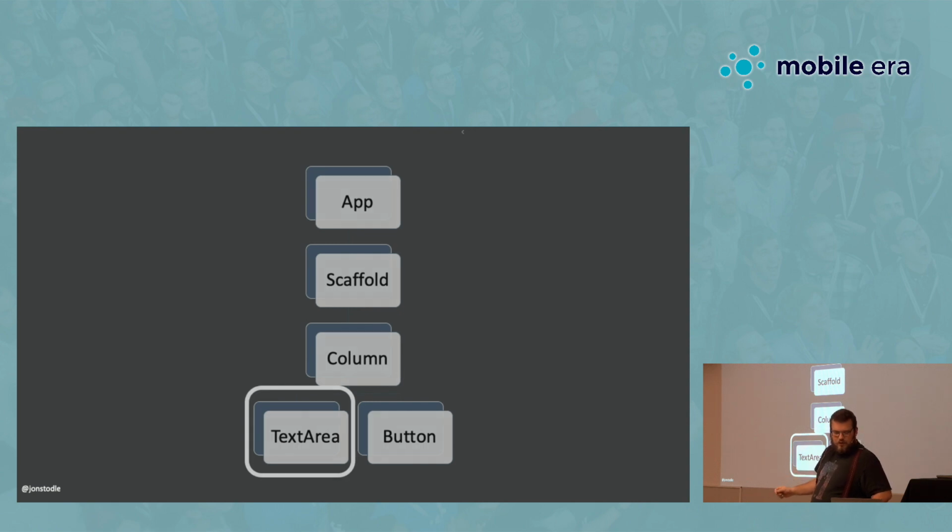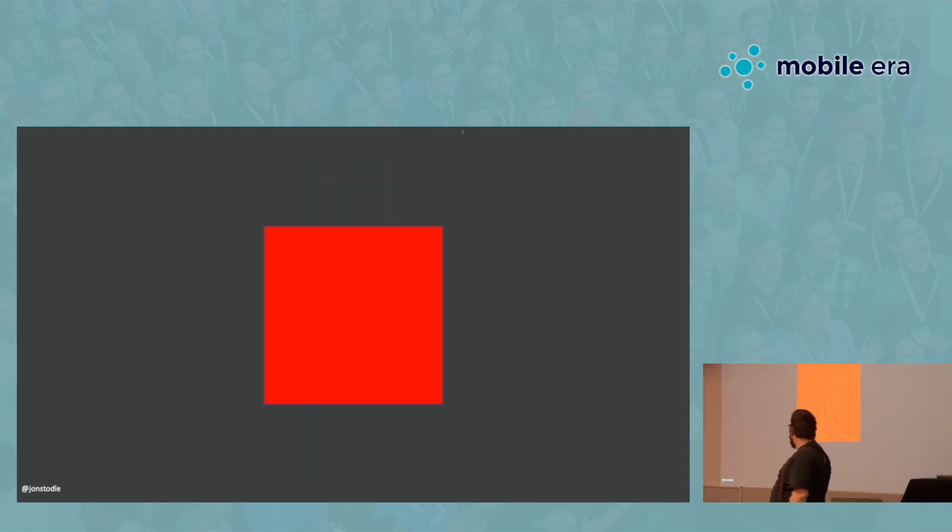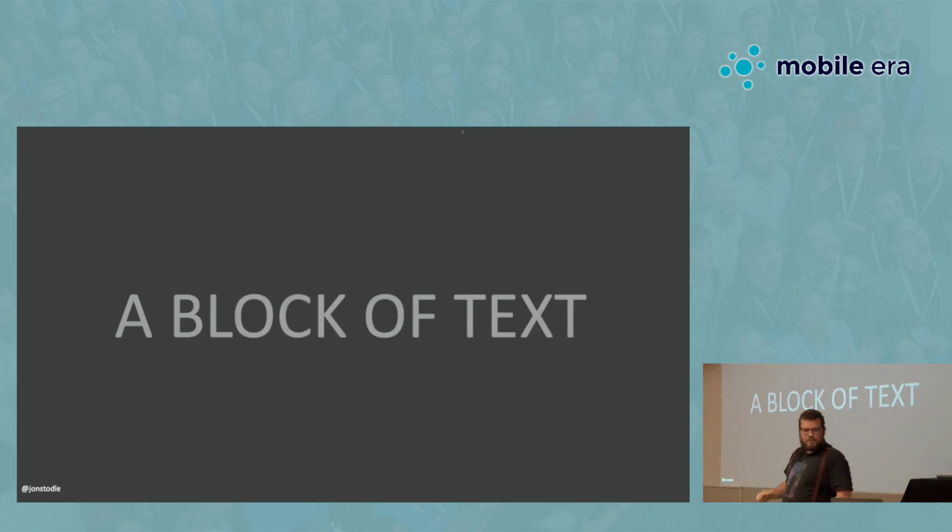Another strategy it uses to make these updates more efficient is, if you have a red square, for example, and you want to swap that out for a block of text, that's two completely different things. So Flutter has to jump down to the rendering layer, below the widget layer, and swap out that box for a block of text. That's two completely different things for the Flutter rendering engine.